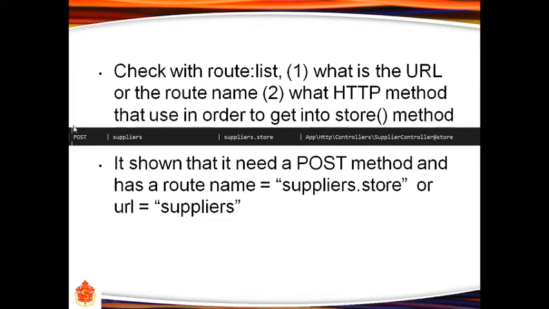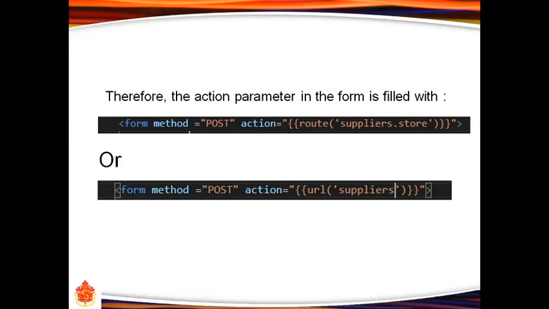So we can use this one for URL or this one with the route function. Okay, so for the action we put the route function like this, or the URL function like this, and the method will be POST.